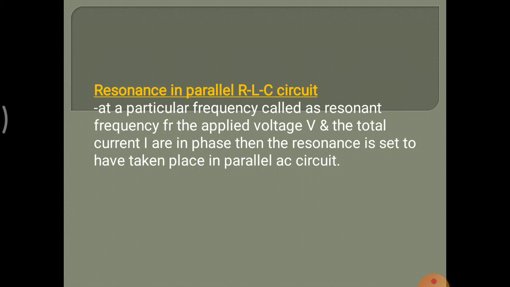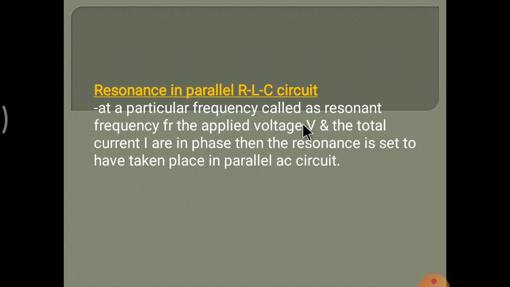A parallel RLC circuit, you can see in the previous slide, is the RLC circuit figure. It consists of two branches which are connected in parallel with supply voltage V. Branch 1 consists of a resistor and inductor in series. It is a series RL circuit having impedance ZL.